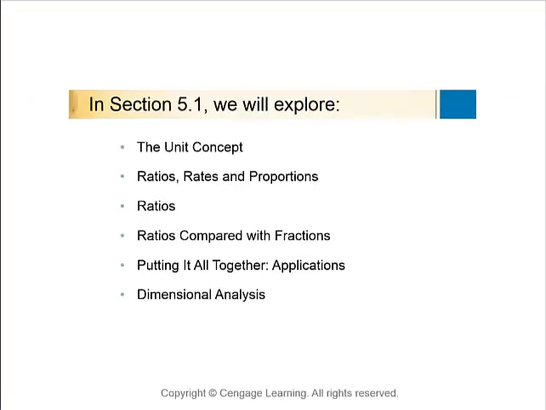Anytime you can introduce something a little earlier, just ideas about them, it really helps solidify in their mind what's going on so it's not totally brand new and they see it. All of these topics we'll explore in this particular section.